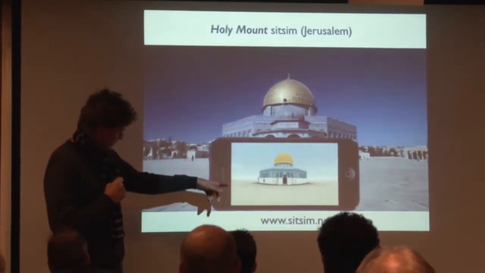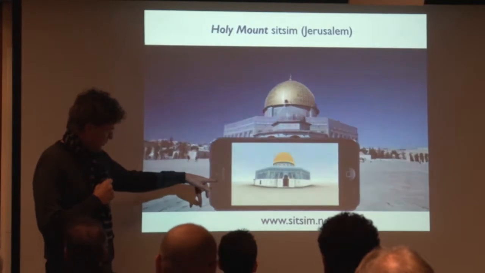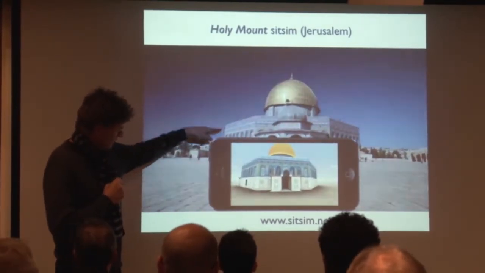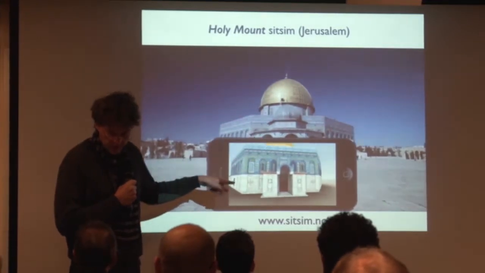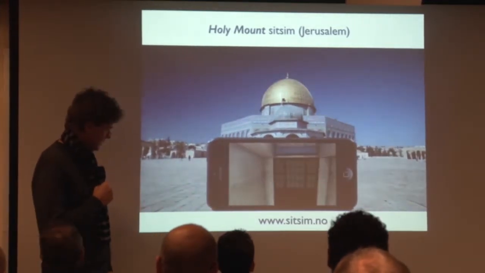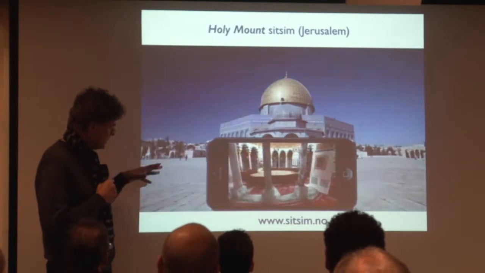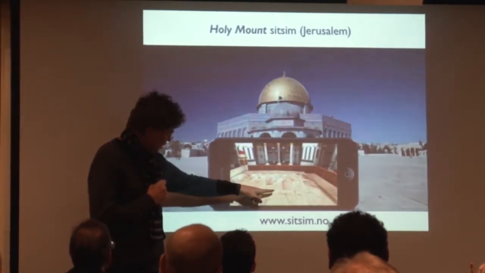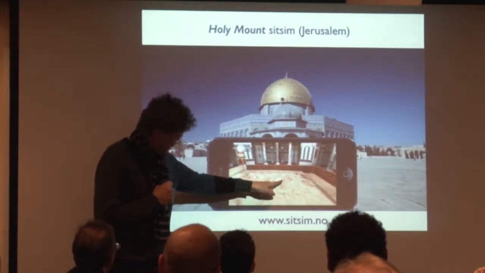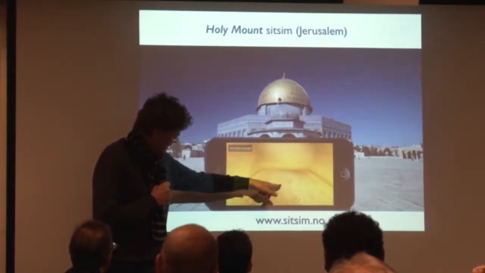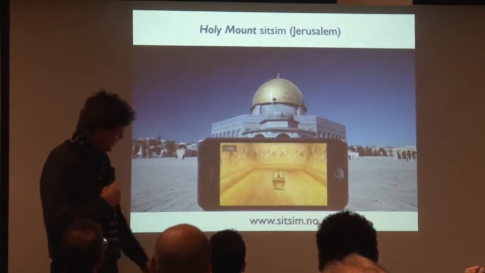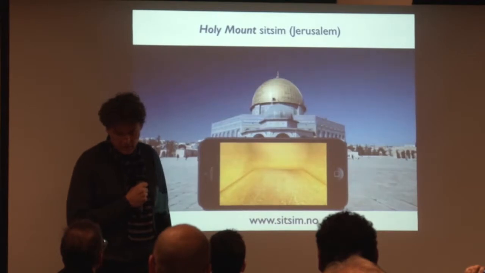And here's another example where we used the fly-in function. As a non-Muslim, I cannot enter the Dome of the Rock, but I can send my virtual camera into this site, or into the inner part of the mosque. So here's a rock. According to some interpretations, this depression here is exactly part of the holiest of the holy in the Jewish temple, and also the position of the ark.